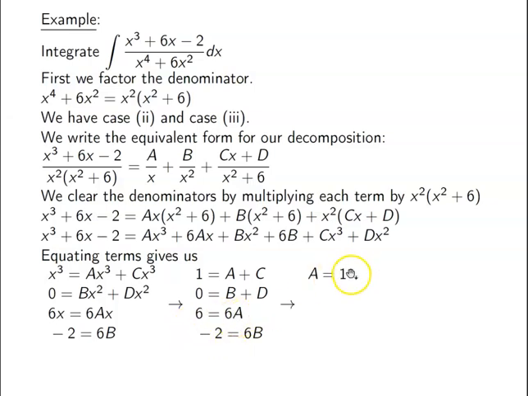Okay, so I got a is 1. If I come up here and I were to plug in 1, I would have 1 is equal to 1 plus something. Well, that means that that something has to be nothing then, right? Because a is already 1. B, you can look here and get -1/3. And now we can use these two things to figure out D. I know B is -1/3.